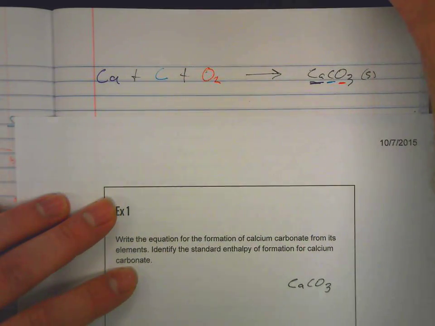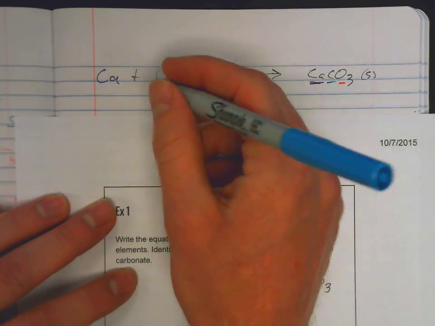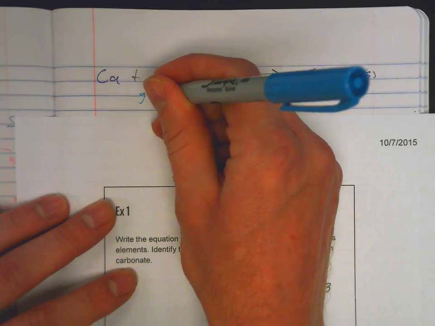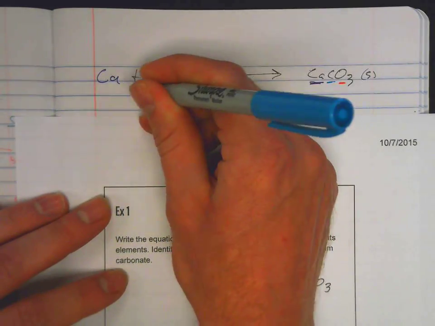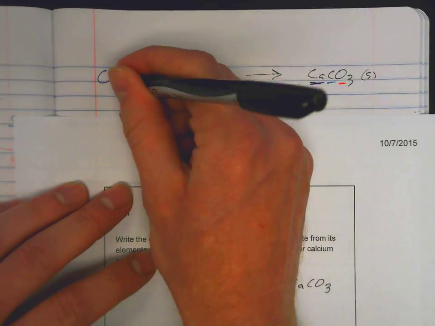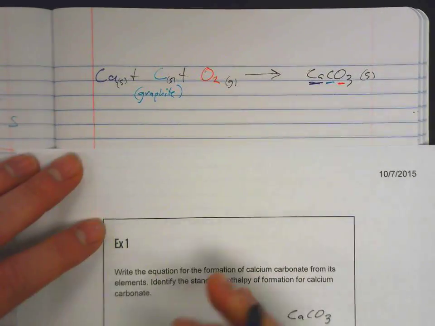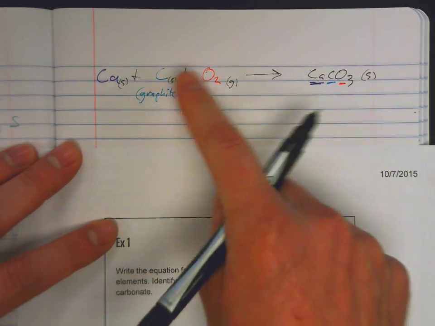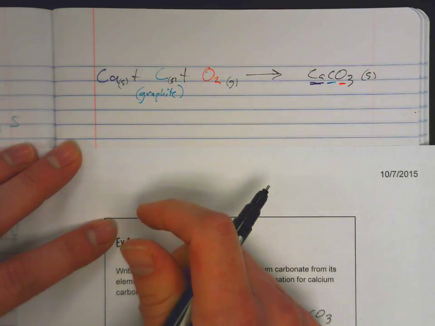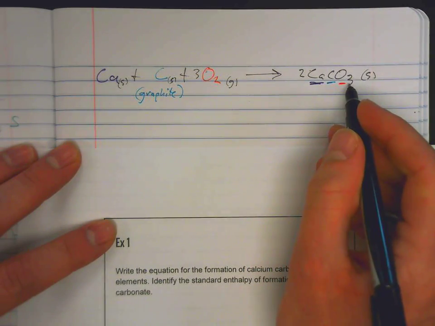And note also that for carbon, the elemental form would be graphite, the lowest energy form, as opposed to diamond. Put the state of matter in these. So we have calcium plus carbon and oxygen makes calcium carbonate. Now this reaction will need to be balanced. So we need to adjust for the oxygens.